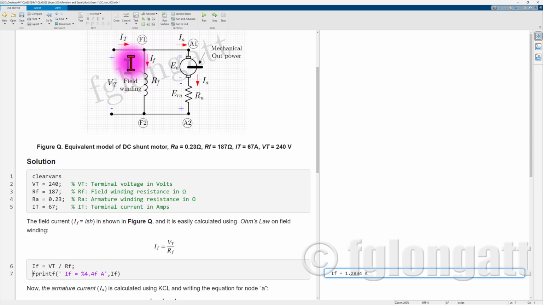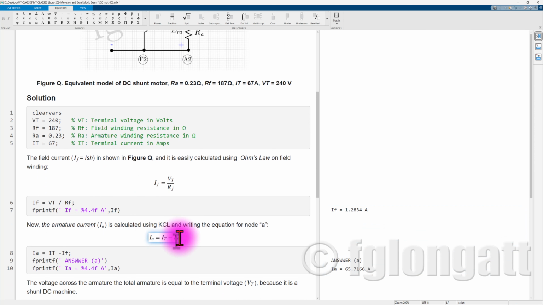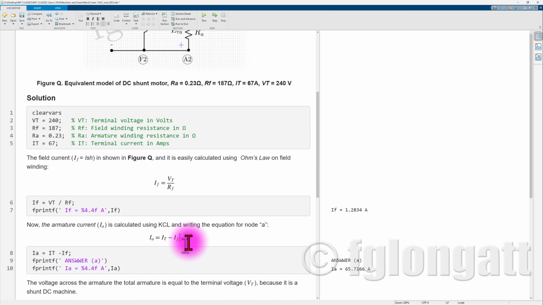The next step is calculating the armature current. For that, at node F1 we can apply Kirchhoff's current law. Applying it, you can see that the armature current will be the terminal current minus the field winding current.